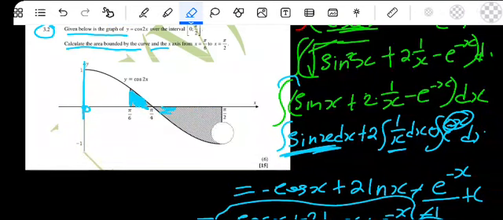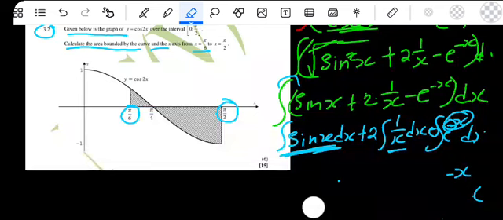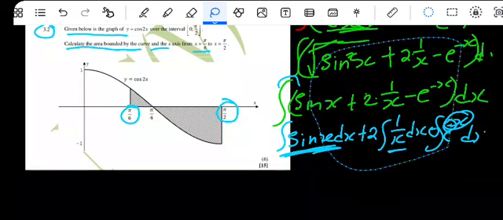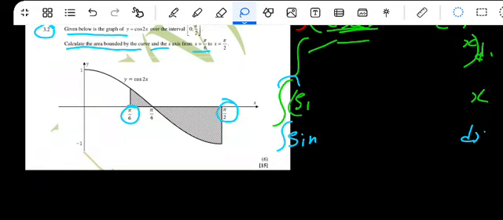So that area under the curve and the x-axis, as you can see, they've given us the condition from pi over 6 to this, we want all of this. Obviously, to determine area, you'll use integration.